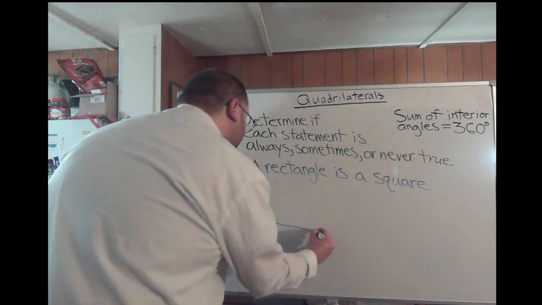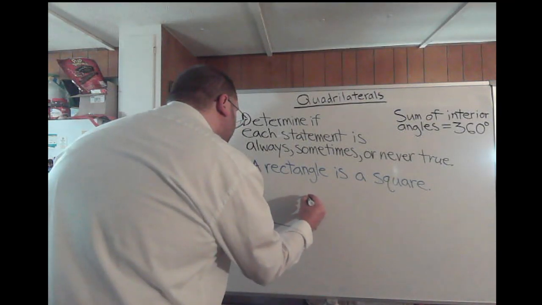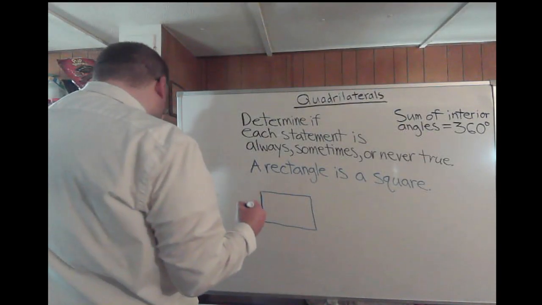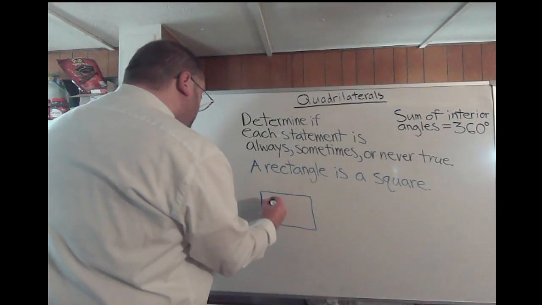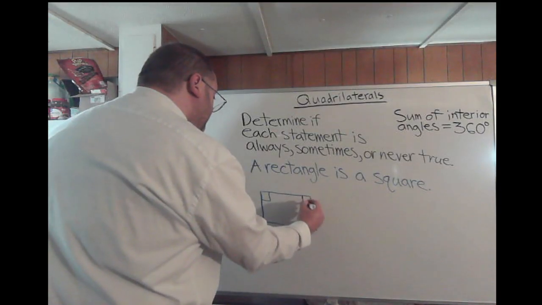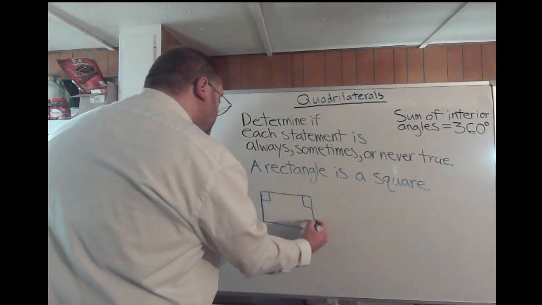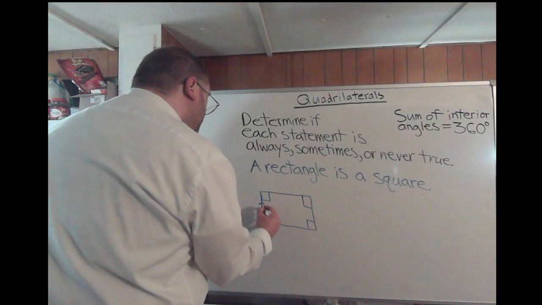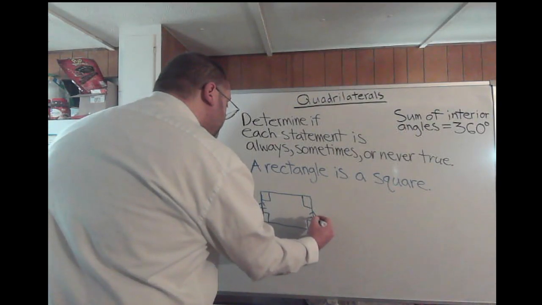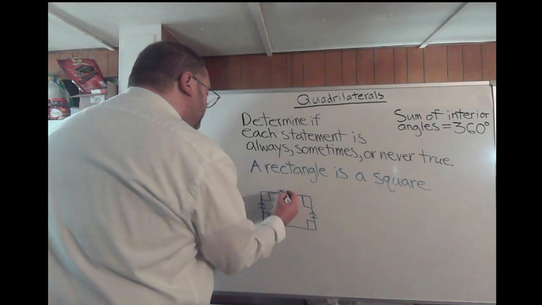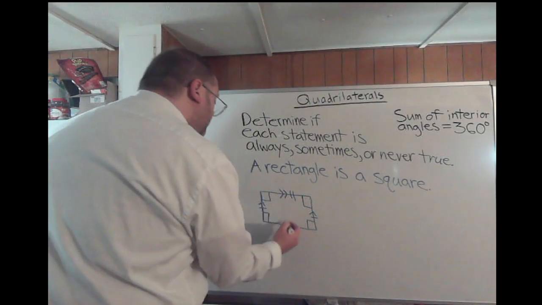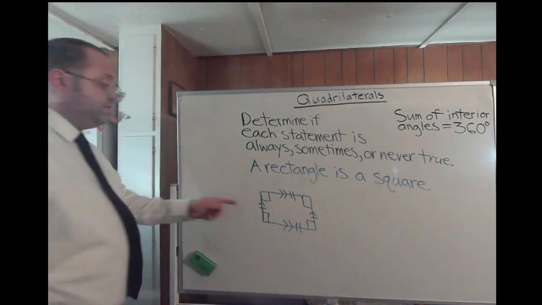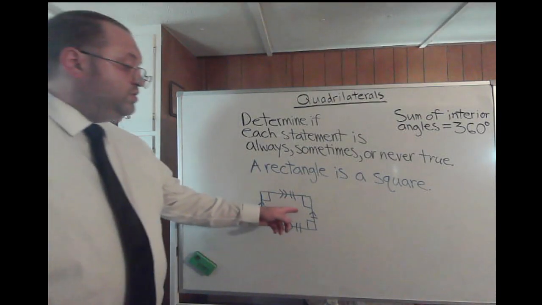Let's draw ourselves a rectangle. Rectangle, of course, both pairs of opposite sides are parallel and congruent to each other. That's for both pairs of opposite sides in a rectangle, they are parallel and congruent to each other, and they have 4 right angles.